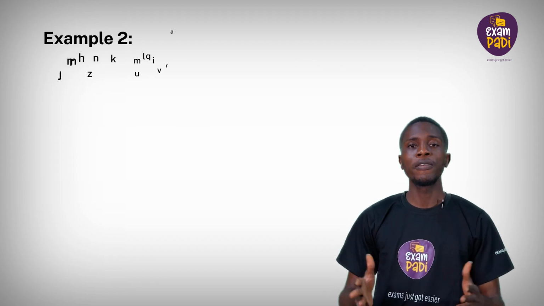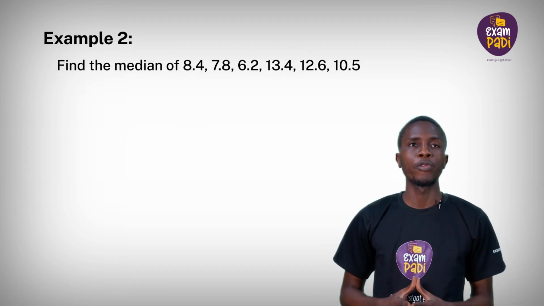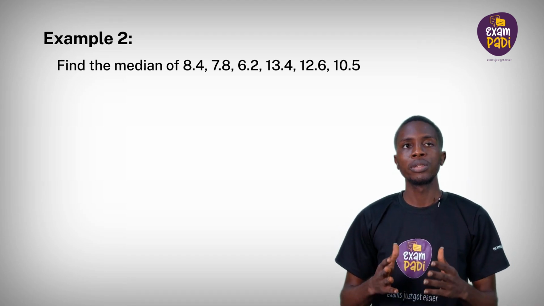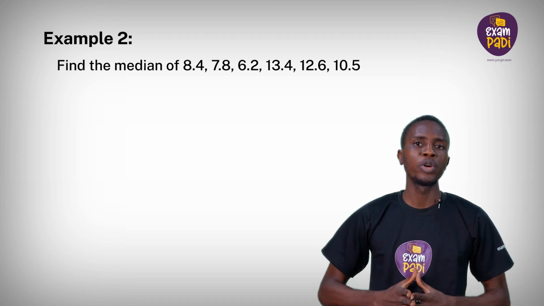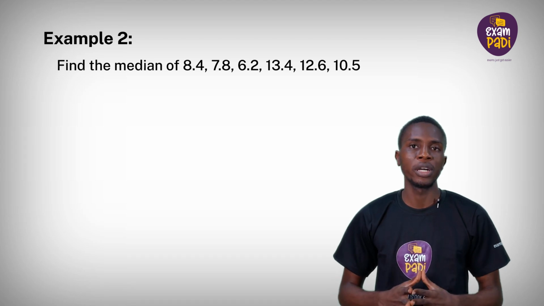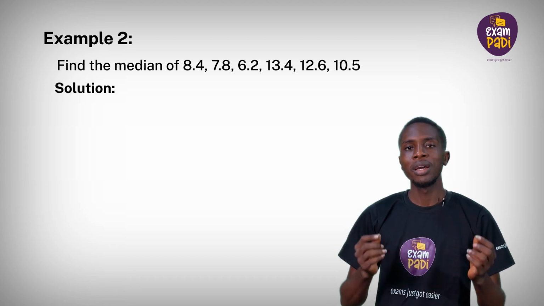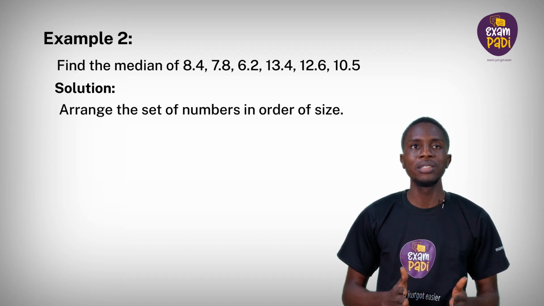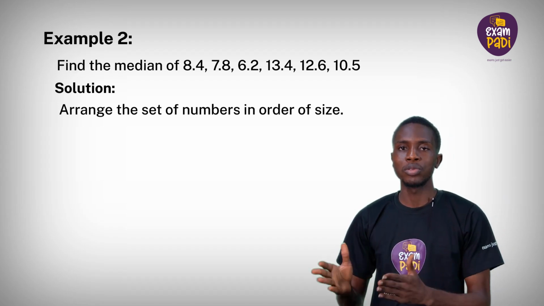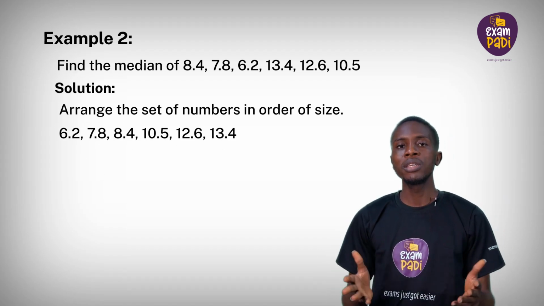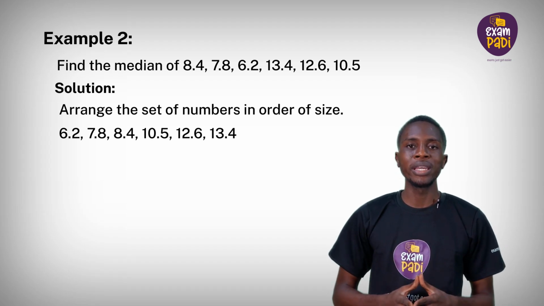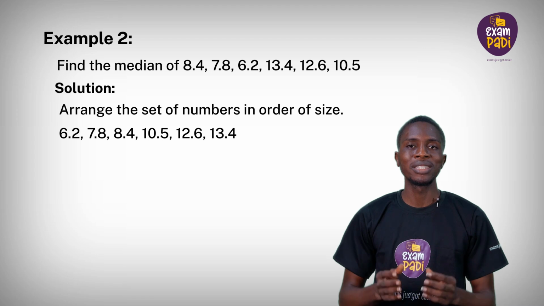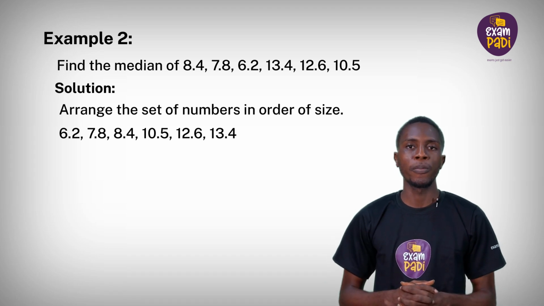Example 2. Find the median of 8.4, 7.8, 6.2, 13.4, 12.6, and 10.5. Solution. Arrange the set of numbers in order of size, that is, from the smallest to the highest: 6.2, 7.8, 8.4, 10.5, 12.6, and 13.4.